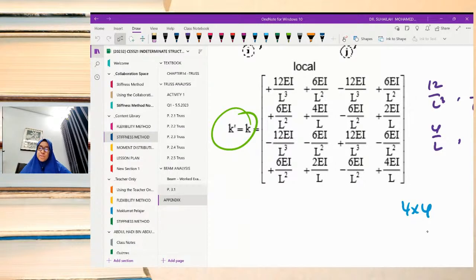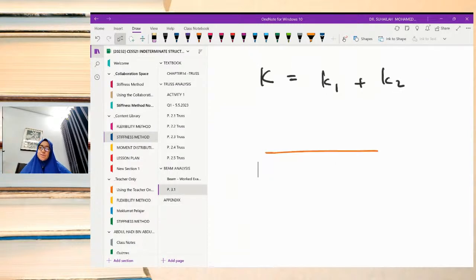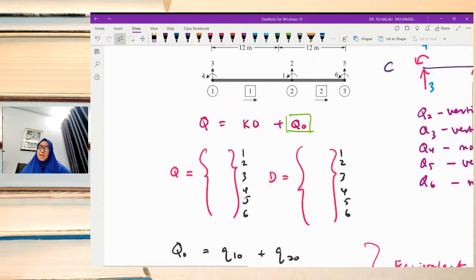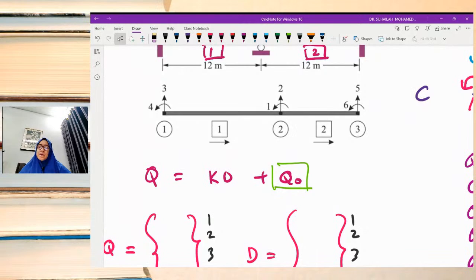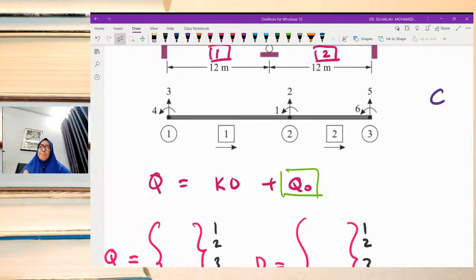Okay, so go back to this. Previously, and given as well in the question, element number 1 joins node A and node B, so the arrow is moving towards right direction. For element number 1, near end is 1 and far end is 2. So for K we will label as 3 4 2 1.